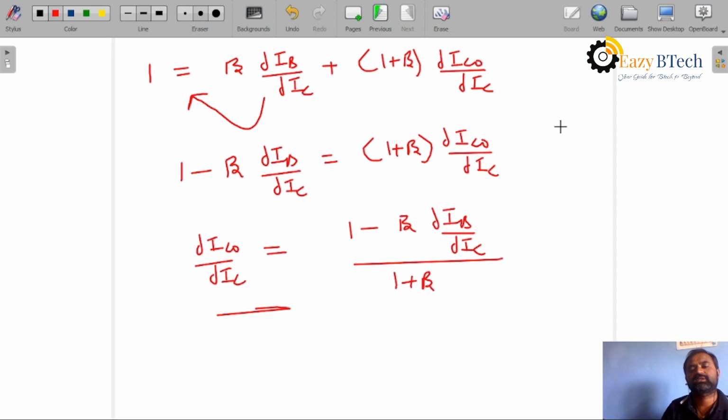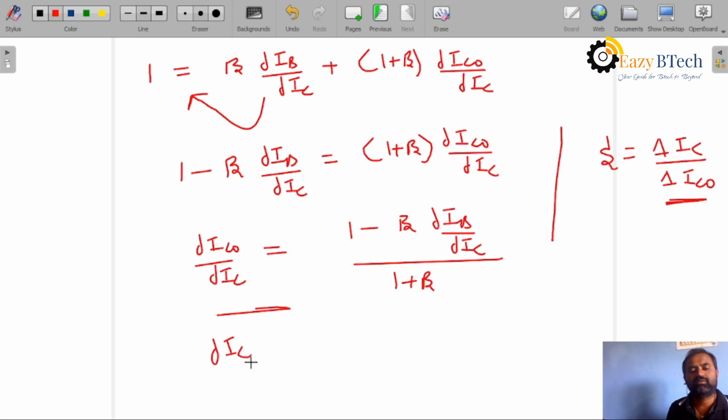We know the stability factor is change in IC by change in IC naught. Now reversing this, we write dou IC by dou IC naught is equal to (1 plus beta) by (1 minus beta change in IB by change in IC).